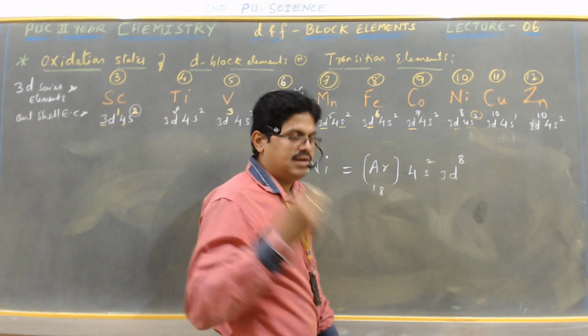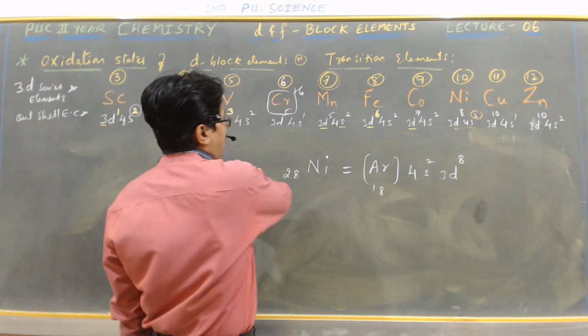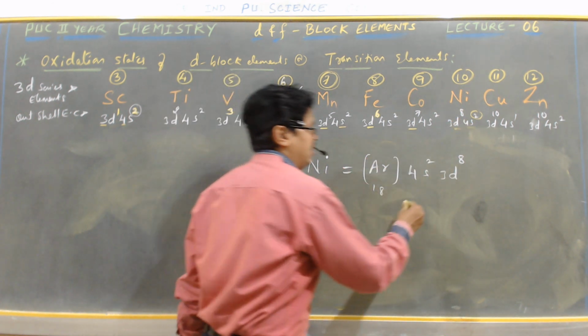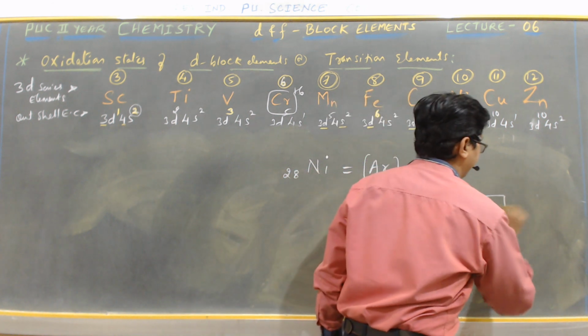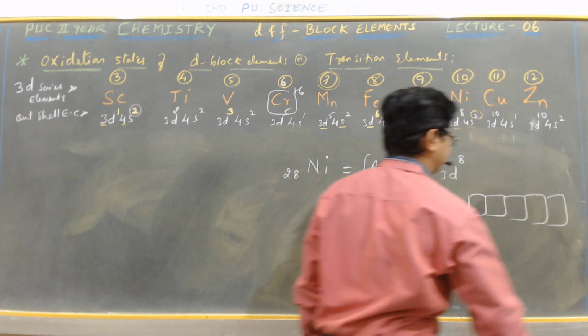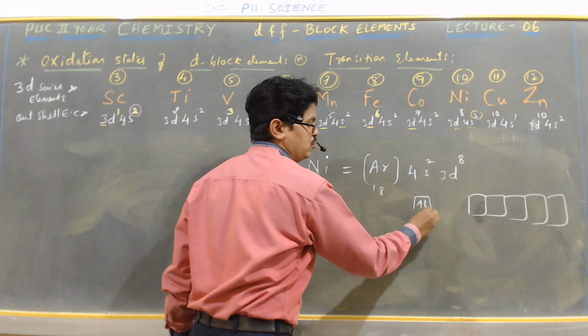Remember the formula. The minimum oxidation state of all the d block elements is the number of electrons involved in the bonding from the s orbital. How many are there? 2.